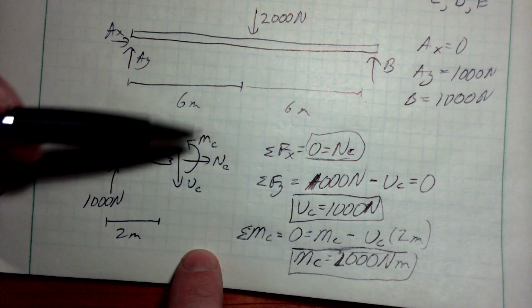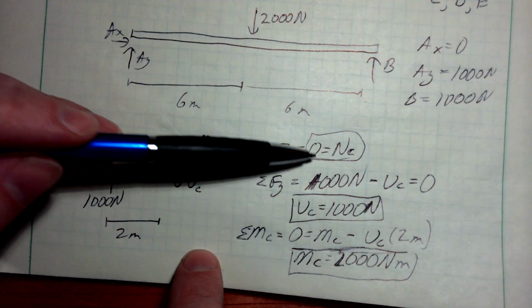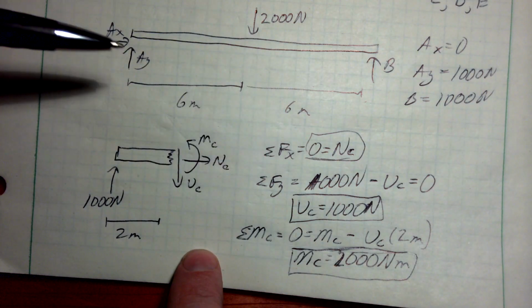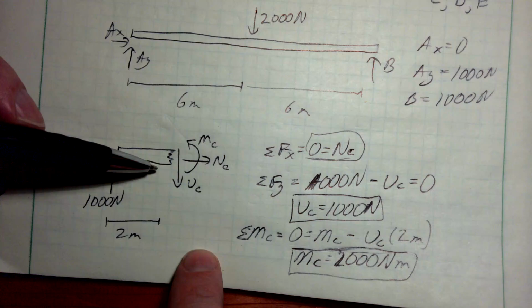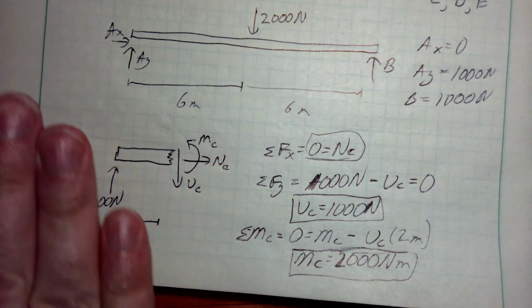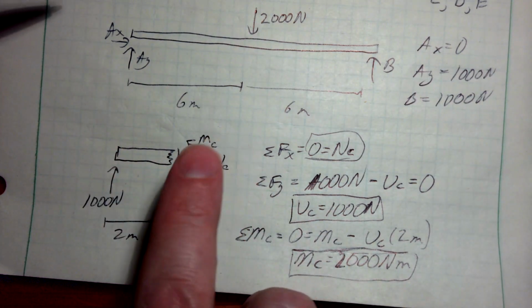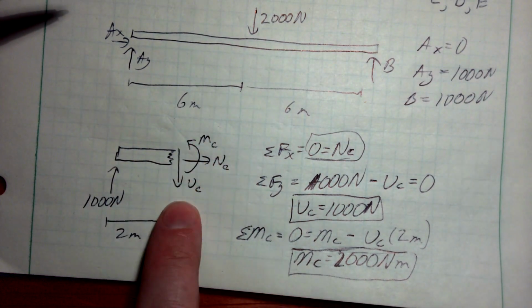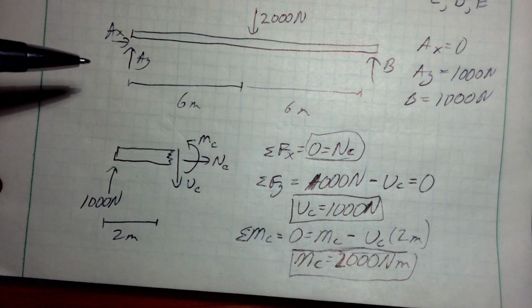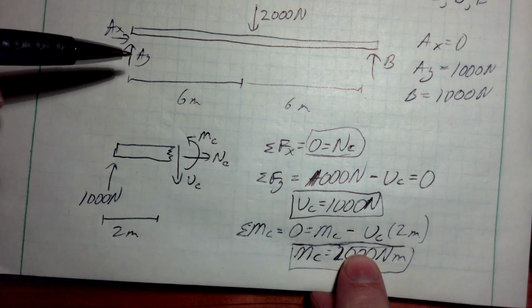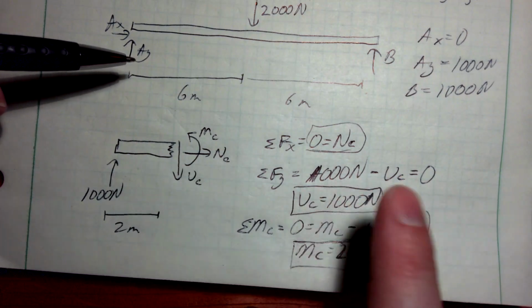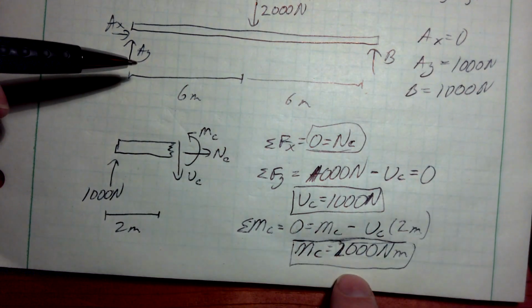Now there's nothing in the X direction other than this normal, so that simply is 0. The shear, you can see, is down. This is our standard sign convention when I'm drawing the left-hand side of the cut. Normal is positive X, shear is negative Y, bending moment is positive counterclockwise. So, sum of forces in the Y, we get shear of 1,000 newtons.